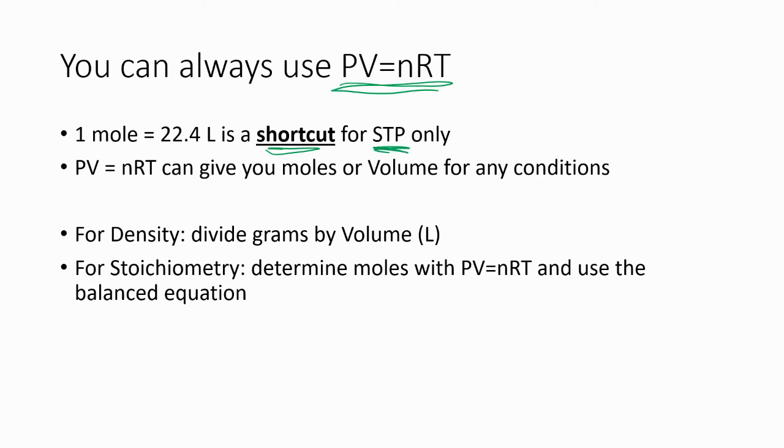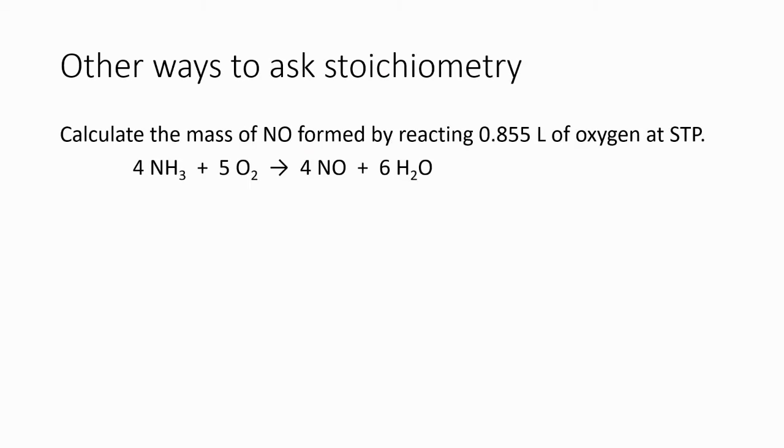But PV equals nRT would have given you all the answers you just got, plus more, because if the temperatures or volumes or pressures change, then you can use PV equals nRT to figure out moles. But this is just a shortcut for STP, and that's all we're going to be doing on this test is STP. So let me do one more of these.